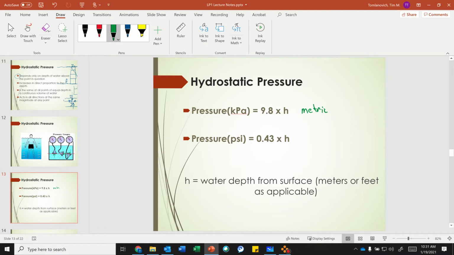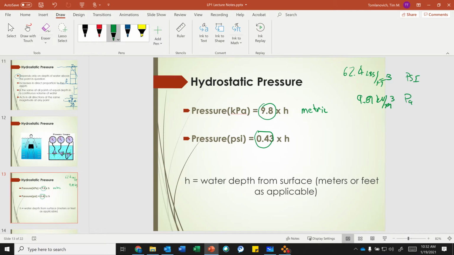All right. So what they did is this 9.8 and this 0.43, they converted it, because remember, 62.4 pounds per cubic foot is the unit weight of water, or 9.81 kilonewtons per cubic meter for metric. Because pressure in the US system is PSI, pounds per square inch, and this is pascals, they converted that to get it into these units.